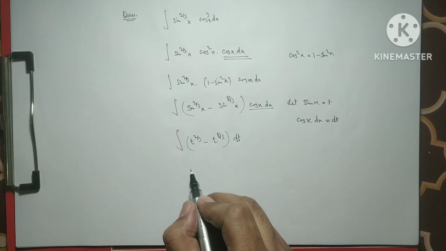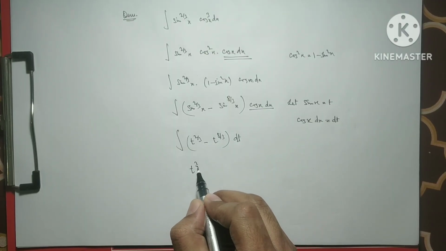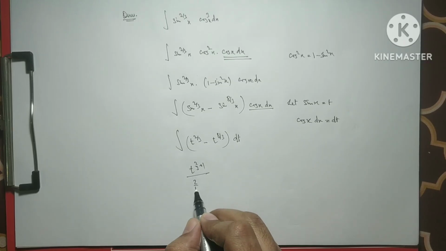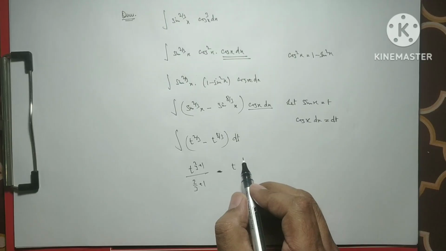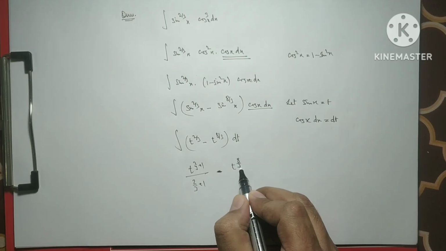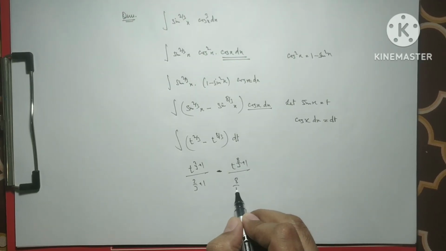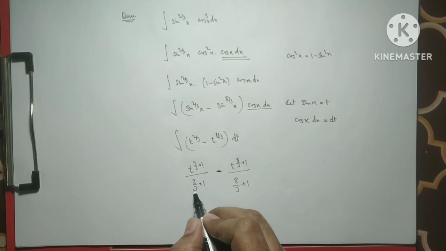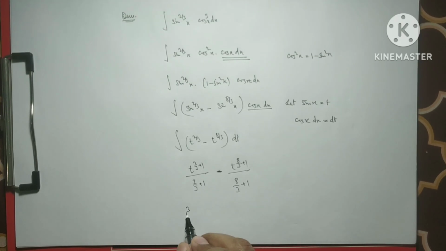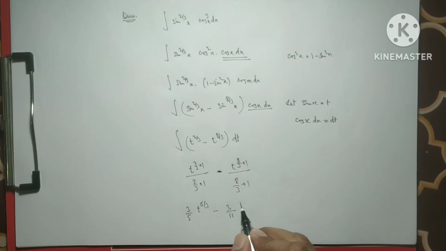Now on integration we get t to the 2/3 plus 1, divided by 2/3 plus 1, and t to the 8/3 plus 1, divided by 8/3 plus 1, so it becomes 5/3, and this is 5/3, so we get 3/5 t to the 5/3 minus 3/11 t to the 11/3.